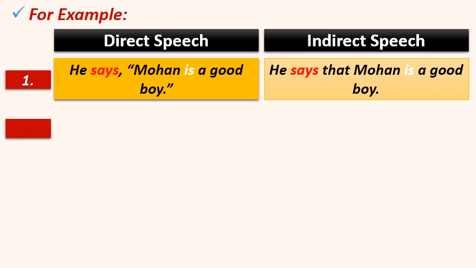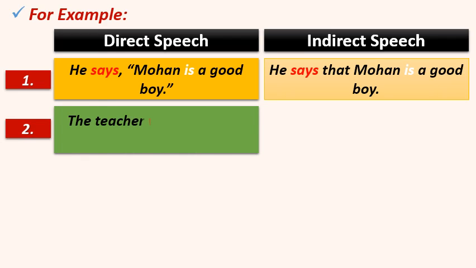Same with other examples also. Number 2, the teacher will say, "Anita will pass." So as you can see that reporting verb it is in future tense. So there will be no change of the verb in the tense in the reported speech. It will remain as it is.